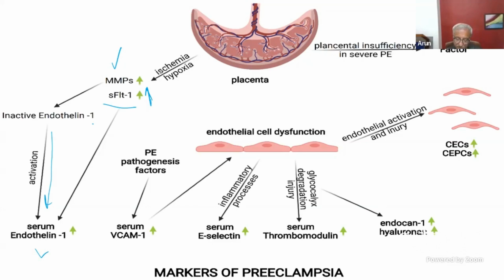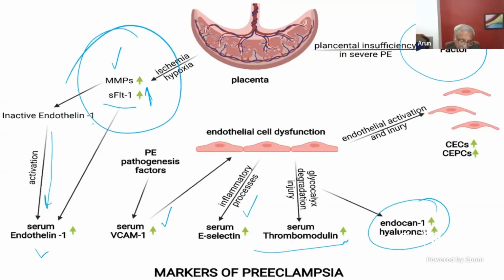There is placental insufficiency in preeclampsia. Von Willebrand factor is also increased. With endothelial cell dysfunction, there is an increase in serum VCAM1, serum E-selectin, thrombomodulin, and all these things. Most important, which we are able to measure in pregnancy most of the time, is sFLT1 and endoglin, right? Endoglin.